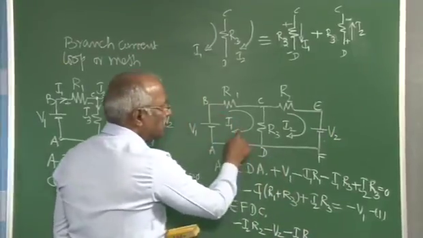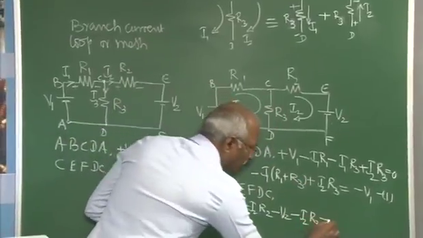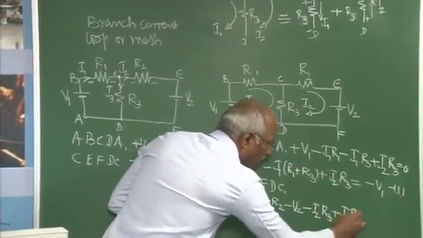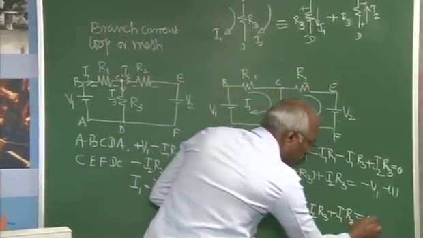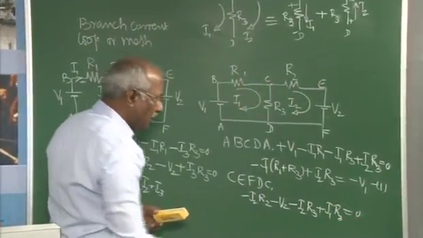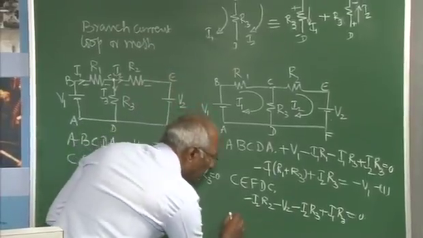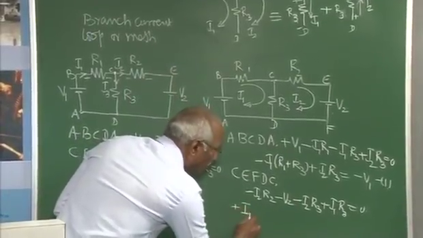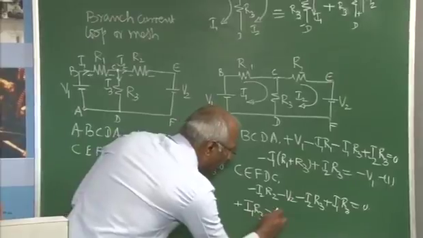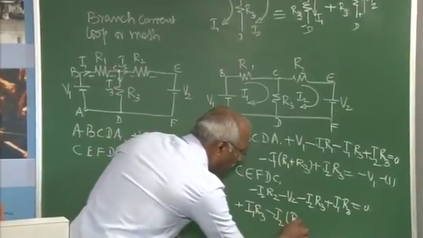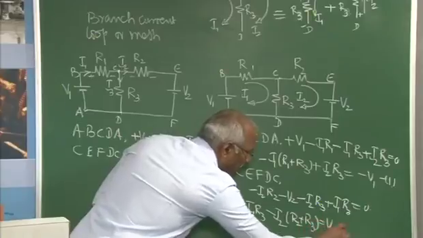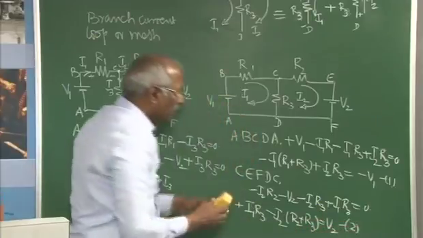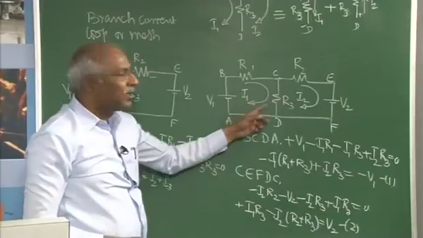As far as I1 is concerned, I am going against that one, therefore it is plus I1 into R3 equal to 0 as I have come back to the starting point. With that, it can be written as plus I1 R3 minus I2 into (R2 plus R3) equal to V2. By solving these two equations, we can get I1 and I2.